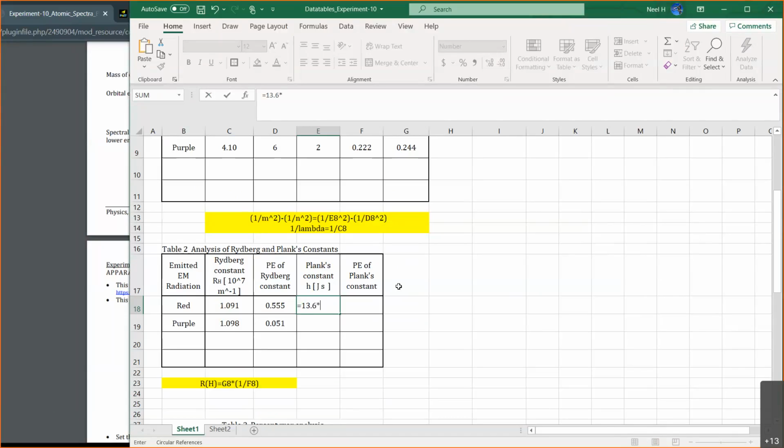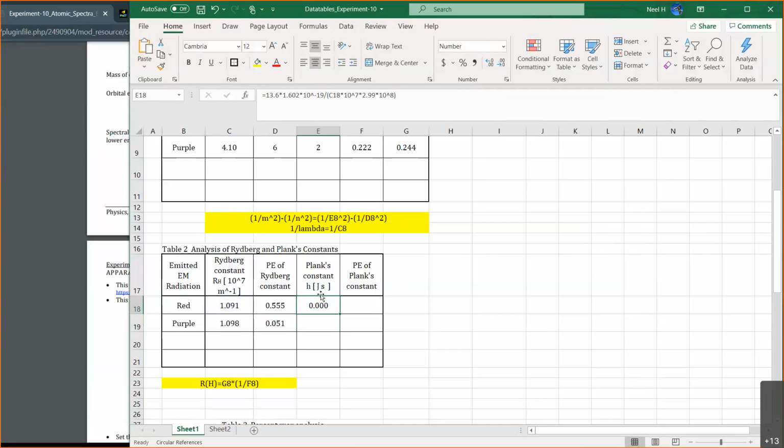If I want that in SI units, I have to multiply by the charge of the electron, 1.602 times 10 to the power negative 19, divided by parentheses Rydberg constant, the number we calculated, multiplied by 10 to the power positive 7, multiplied by the speed of light, 2.99 times 10 to the power positive 8.